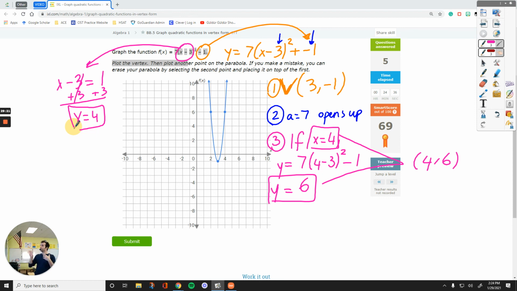Then step 1, you will extract the vertex and plot that point. You can skip step 2 for IXL. For the last step, you're going to pick one number for x, plug it in, and find the answer for y. That's going to give you another point, plot that second point in, and then you're going to have your graph.